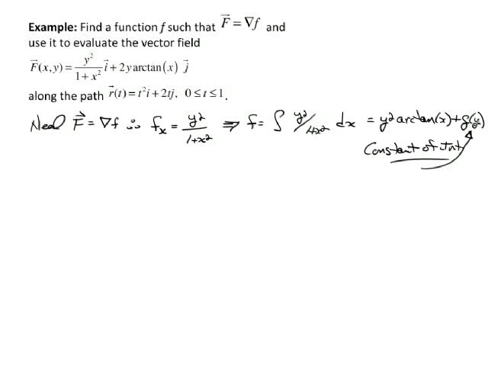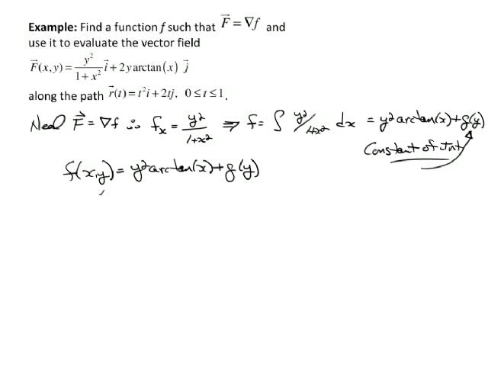If it's a function of y, then it is a constant with respect to x. So I just need to figure out what it is. I now know that f of x, y has to look like y squared arctan of x plus some function of y, which is my constant of integration.